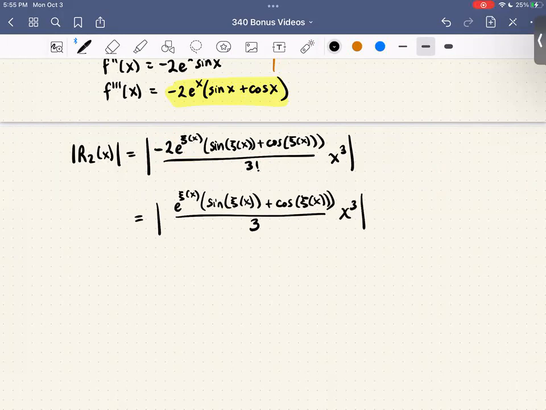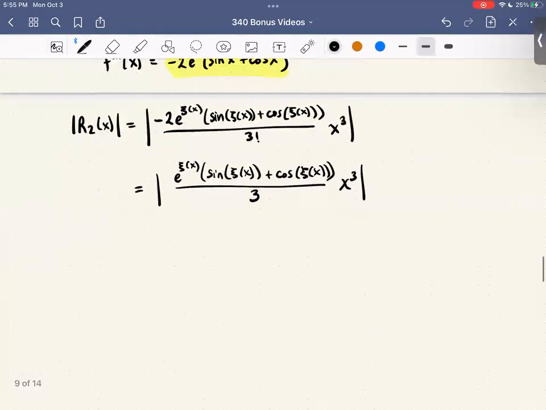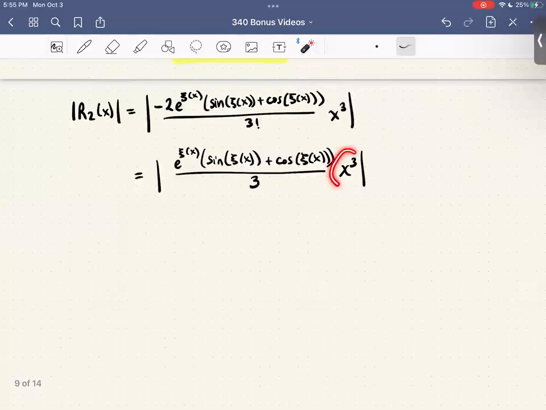And I want to bound this on the interval 0 to 0.5. Now, this portion of our expression, I can bound pretty easily on 0 to 0.5. This is an increasing function, so the maximum is going to be when x is at the right endpoint, 0.5.